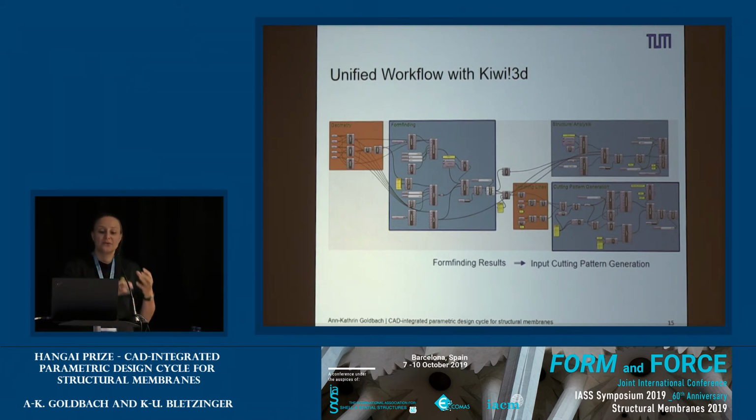So I can take my form-found geometry, just apply trimming operations, finding geodesic lines and functionalities that any CAD program nowadays has, divide my surface into different parts, and then use those to calculate the cutting pattern.